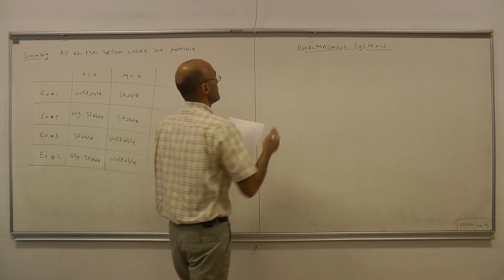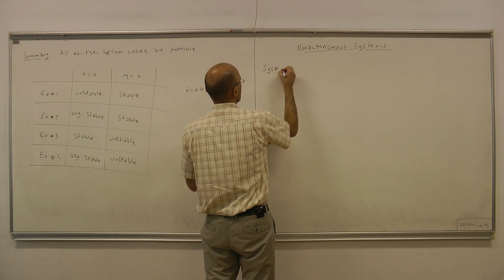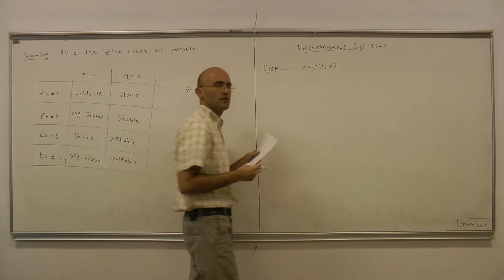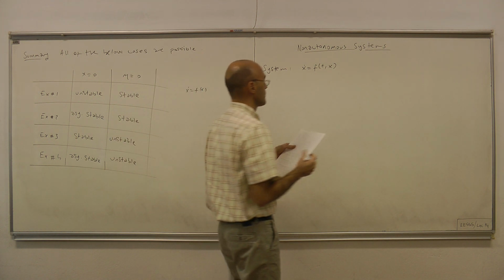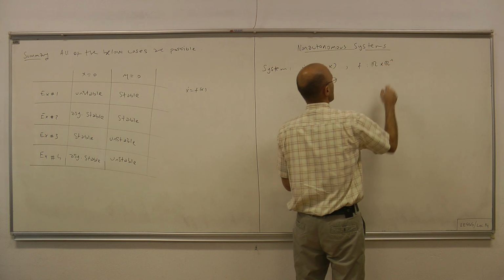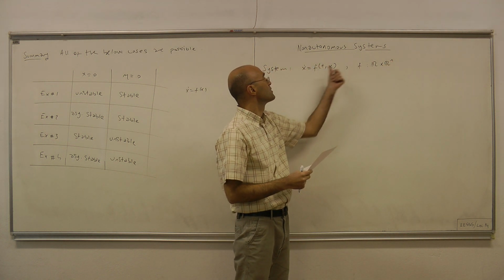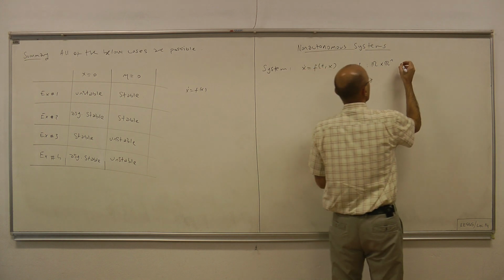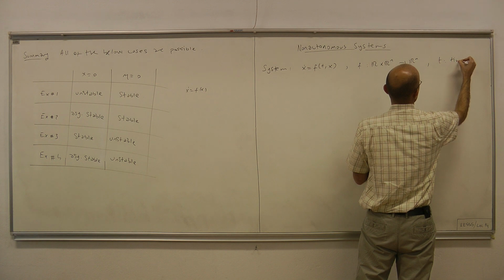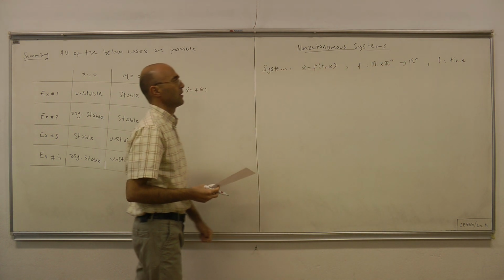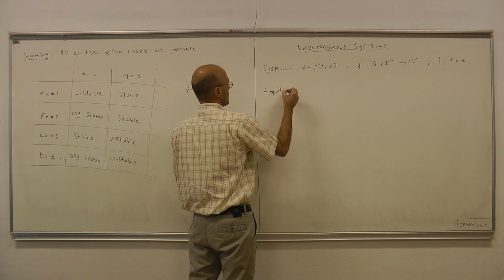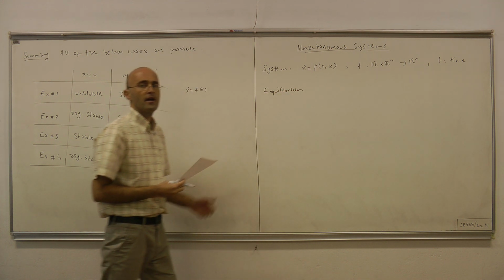Time-varying systems. This time we talk about the following case: x dot equals f of t, x, and f is a mapping from R times R^n. This R indicates the time, to R^n, and here t is the time, continuous time. What's the definition of equilibrium for a non-autonomous system?